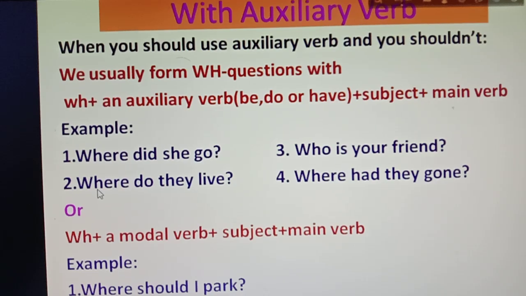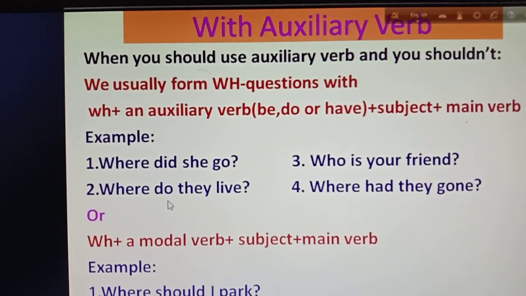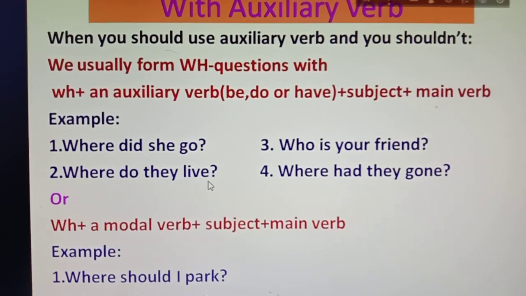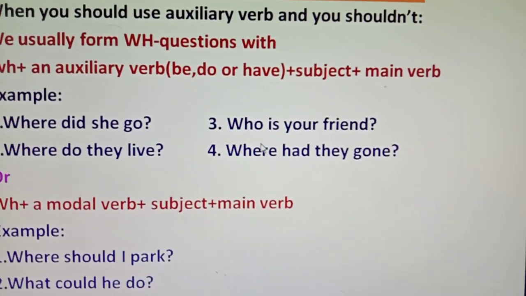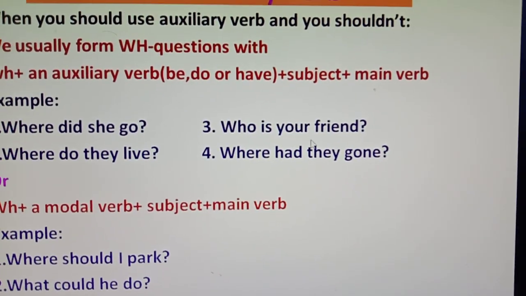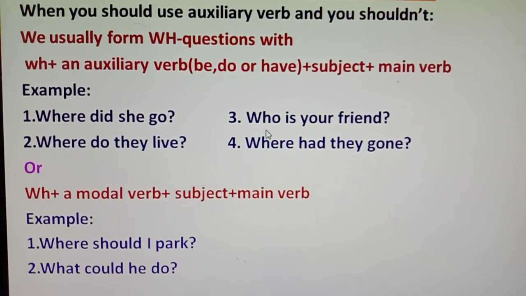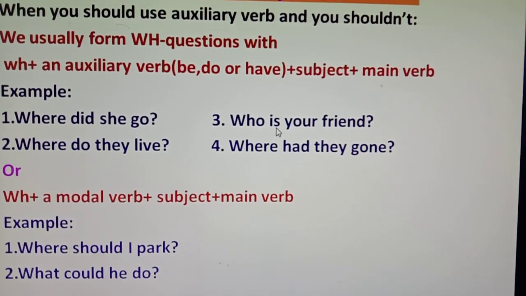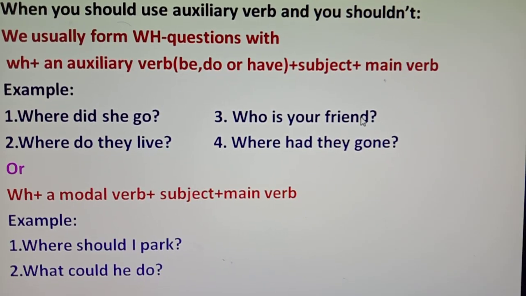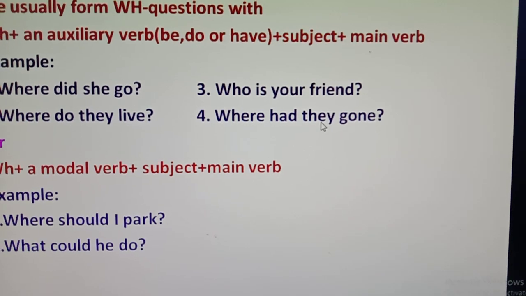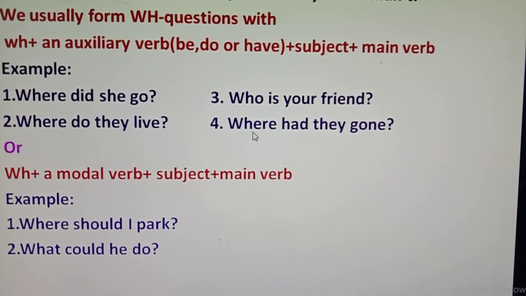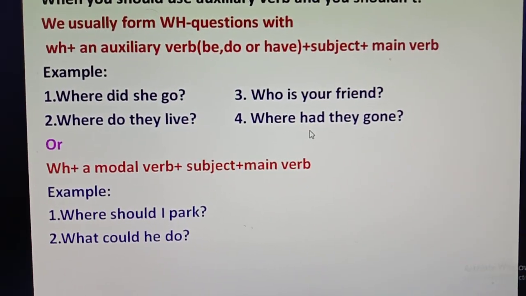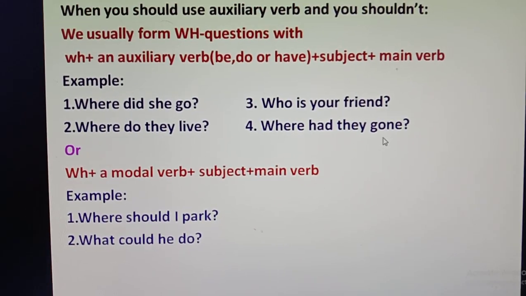Okay, so WH plus auxiliary verb plus subject plus the main verb. Okay, then number three, who is your friend? Here is same, first of all WH, then the auxiliary verb, then the subject, then the main verb. Where had they gone? Here is same also, WH plus auxiliary verb plus subject plus main verb.